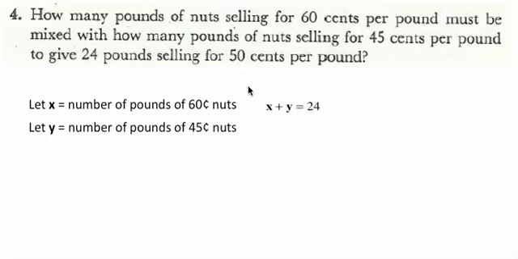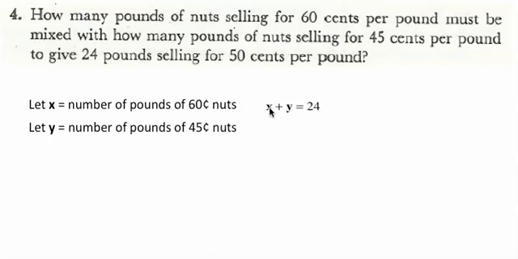And then we can also use their values. Remember, X is the number of pounds. So if you have 1 pound of 60-cent nuts, it's going to cost you 60 cents. If you have 2 pounds, it's going to cost you $1.20. So it's the number of pounds times 60.